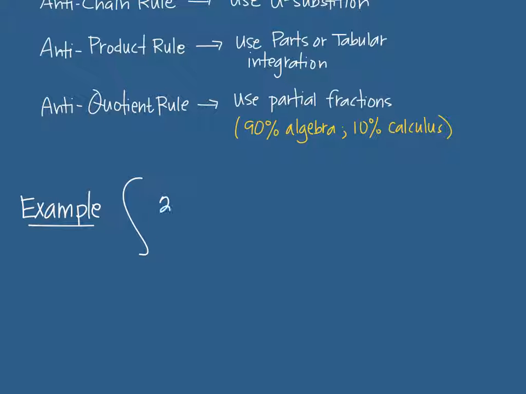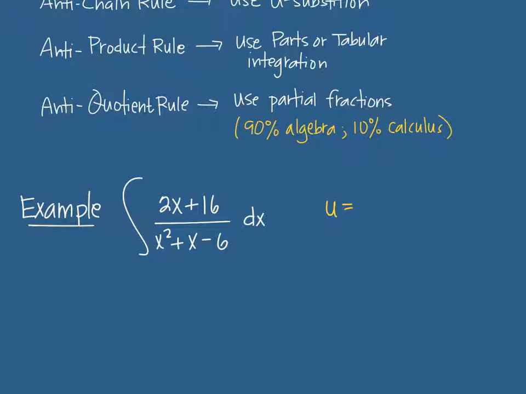So here's a quotient. 2x plus 16 over x squared plus x minus 6 dx. Now you still want to consider U substitution for this, if possible. So I would at least take a look at U substitution.